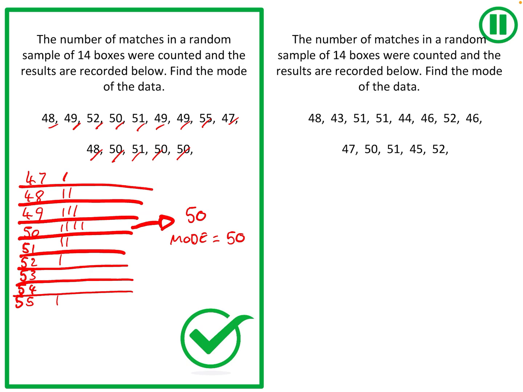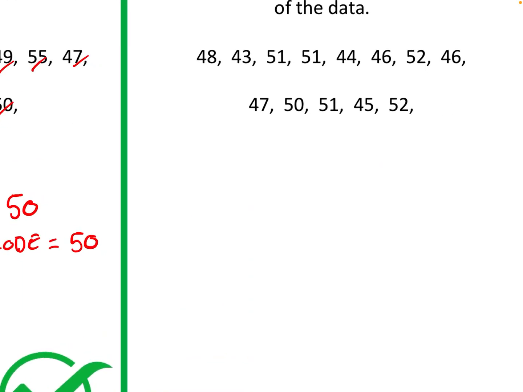Okay, so now we're going to go through this. I'm having a little look, and obviously this time I've got different numbers. So 43 looks like the lowest there, and it looks like 52 is the highest. So we're going to zoom in a little bit.